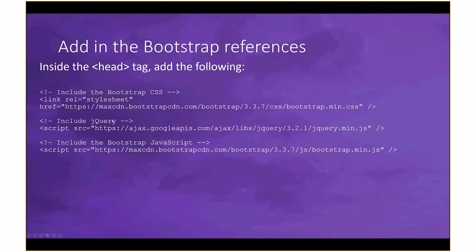This jQuery is a JavaScript query library developed by Google, and it's used by Bootstrap. It's also used by a ton of other stuff as well, but it is used by Bootstrap, so you need that one too. So we include these 3 links in the header portion of our web page: a link to the CSS from Bootstrap, a link to the JavaScript from Bootstrap, and a link to jQuery from Google.